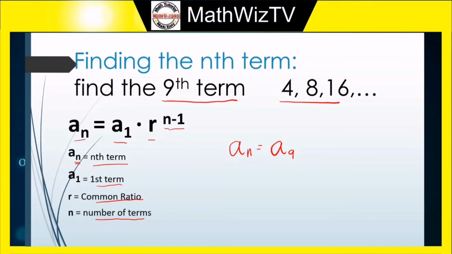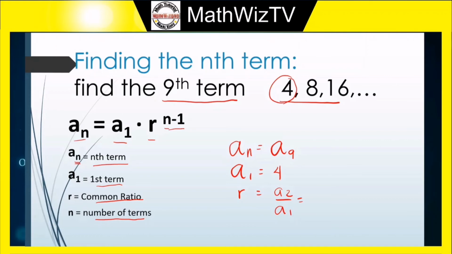Okay, now let's proceed. A sub 1. So we all know that a sub 1 is the first term. And in here, 4, 8, 16, the first term is equals to 4. That's why we write here 4. And then the common ratio. Again, to find the common ratio, what we will do is to get the second term, a sub 2, all over a sub 1.